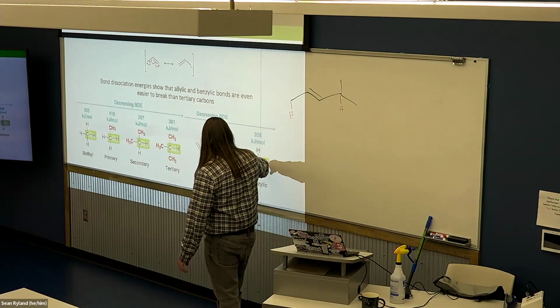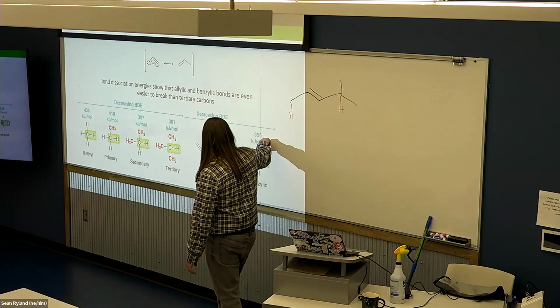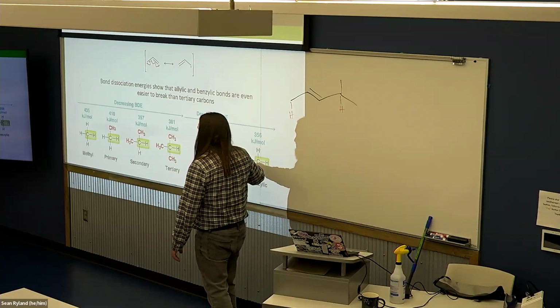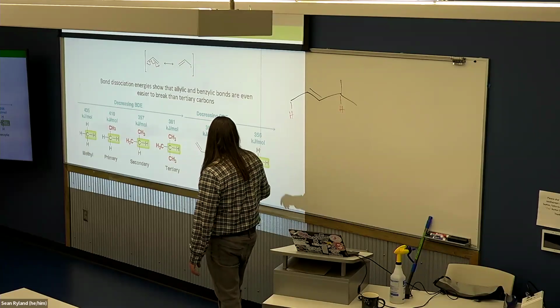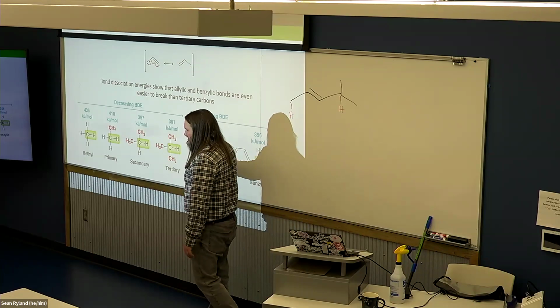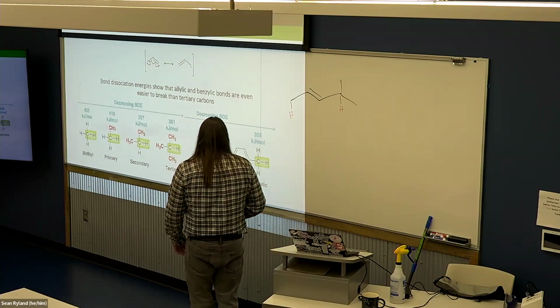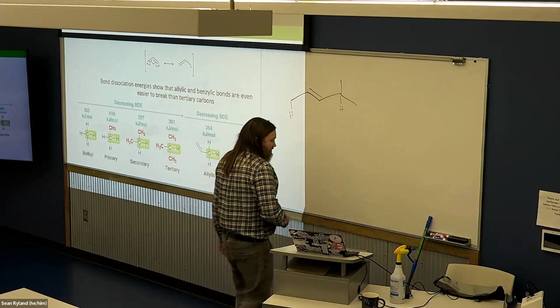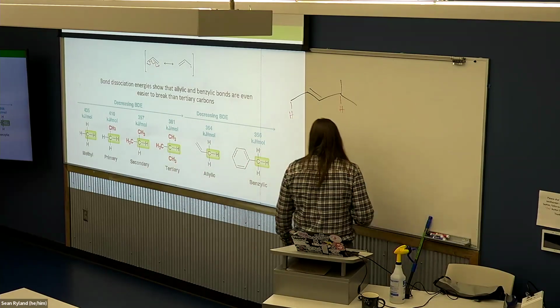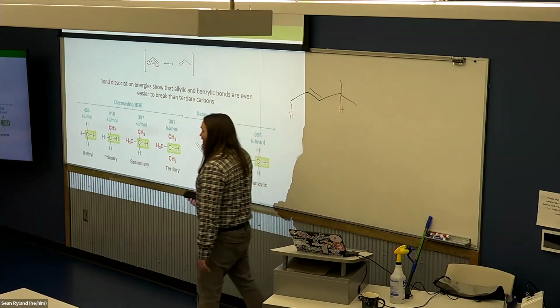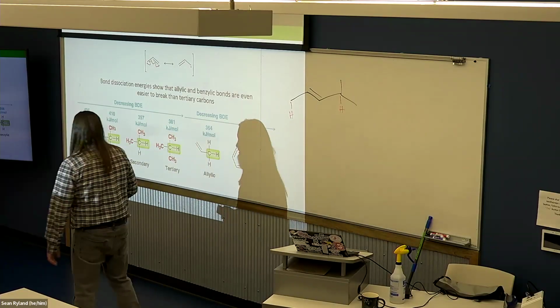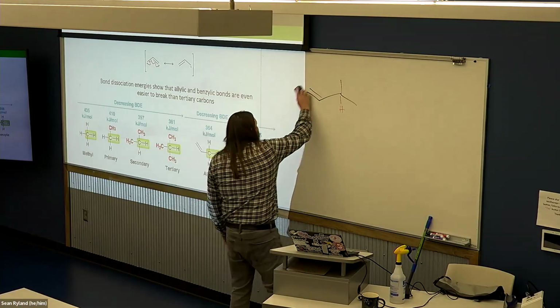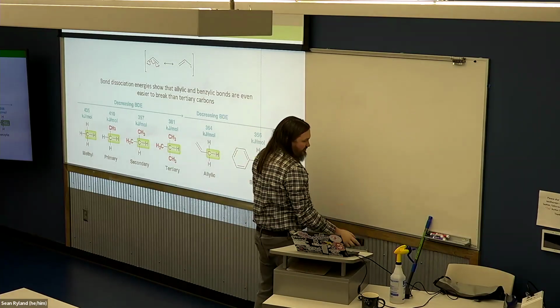The reason that benzylic is 356 is because it's got resonance structures inside the ring, right? Versus only having one resonance structure. And we start to see that make a bigger and bigger difference. Seriously, the more stable it is without that hydrogen, the easier it is to pull off. Yeah, exactly, because for all of these, we're going uphill in energy, right?